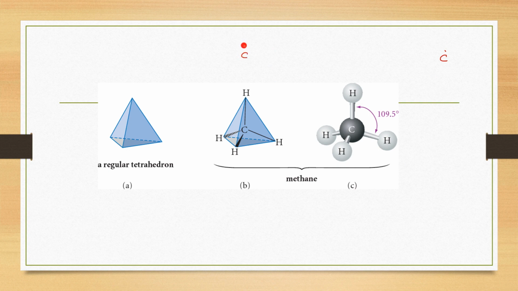I'll draw it over here. So this is carbon central atom. Now I'm not showing the smaller lobe. I'll show it this way. This is the sp3 hybrid orbital of carbon. It's getting overlapped by hydrogen, and this is how they arrange themselves. So this is nothing but a tetrahedral geometry.